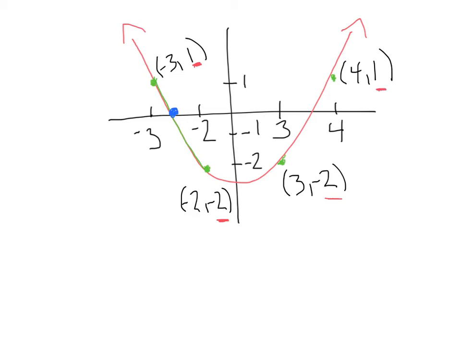So since we have a negative y value and a positive y value, we know that somewhere in between those two values there has to be a 0, because in order to get from the negative to a positive, we have to cross 0, and that 0 is going to be right here. So if you apply the intermediate value theorem, looking for a positive y value and a negative y value, you know there has to be a 0 in between.